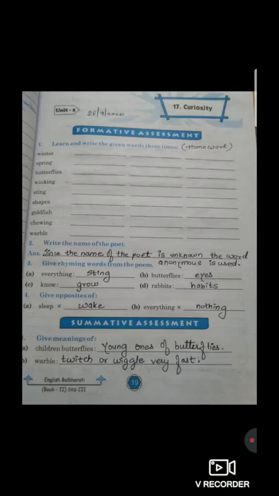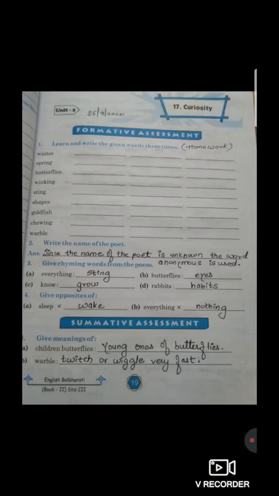Give opposites of. A1, question is sleep, answer is wake. B1, everything, answer is nothing. So students, we have completed question number 4 also. Now move to the next question.